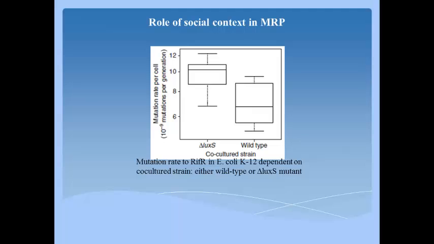Average mutation rate increases by over a third in the presence of the null luxS mutant relative to the presence of wild-type cells. Authors also found that the effect of the null luxS mutant may be functionally complemented by aspartate in the medium, with an increase in average mutation rate.